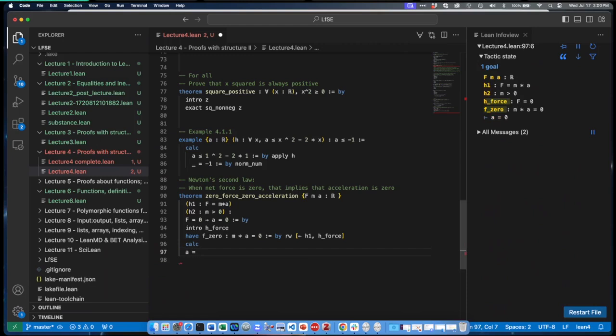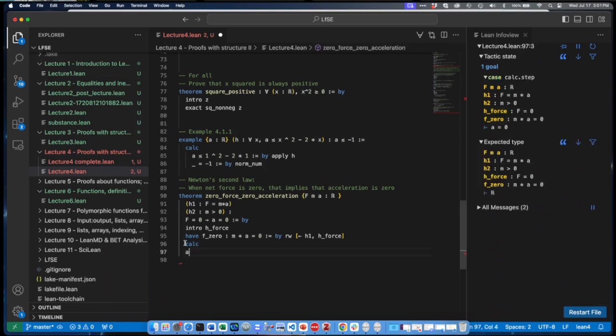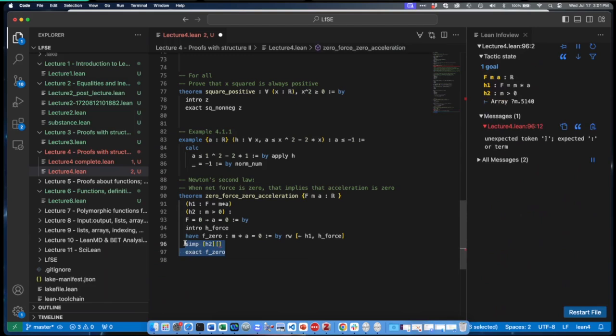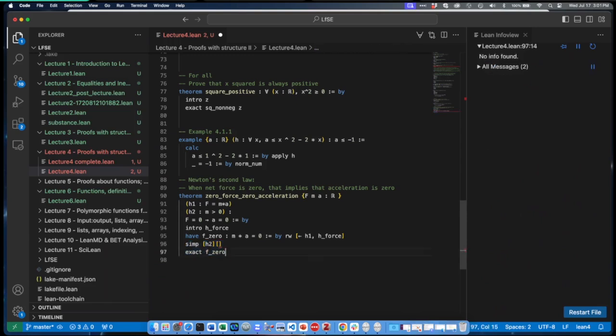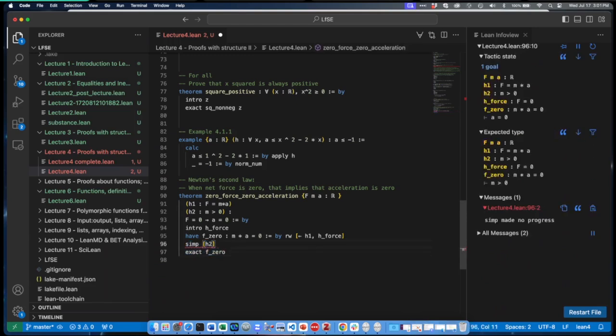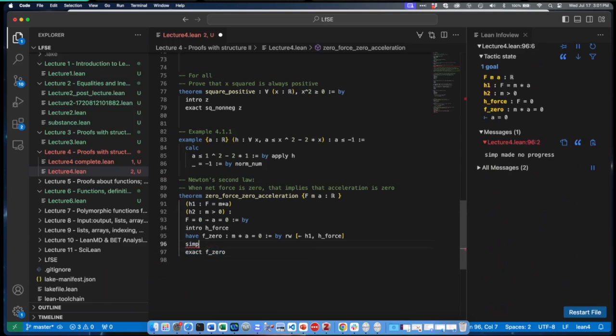And we're at 3 o'clock, so yeah, I don't think a simple calc block is going to work, because you'll usually start a calc block with a is equal to something and then show that that something is equal to 0. And we do calculation, we do inequalities, but this one's a little bit trickier.